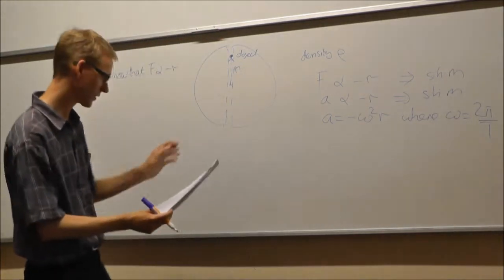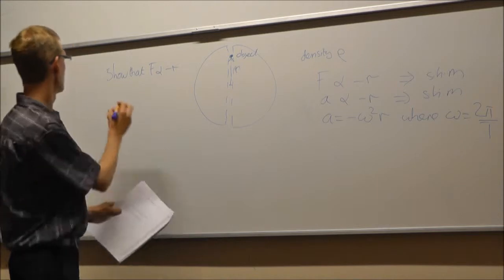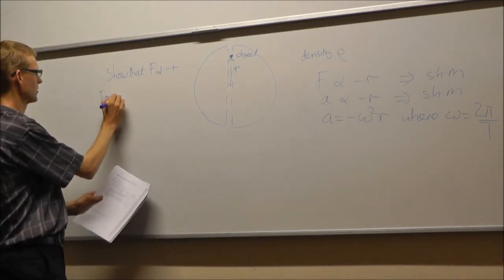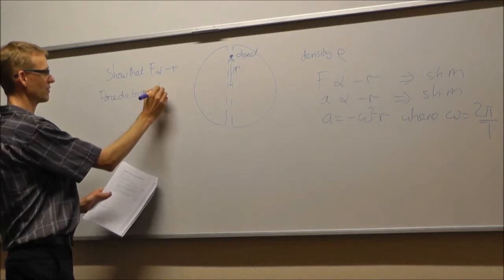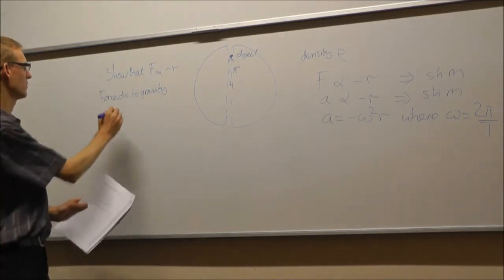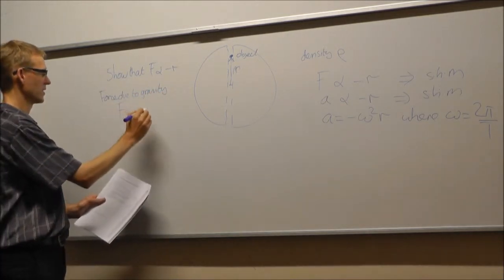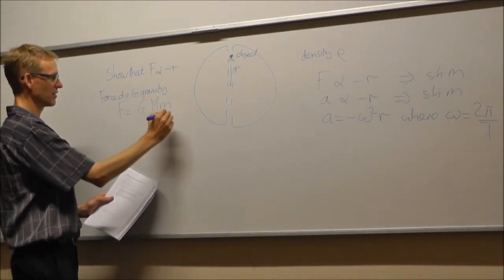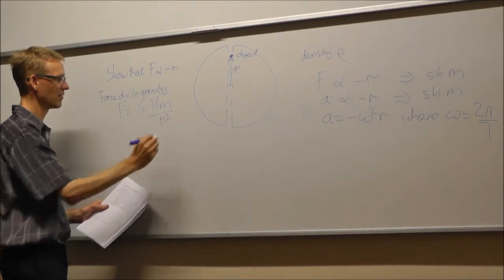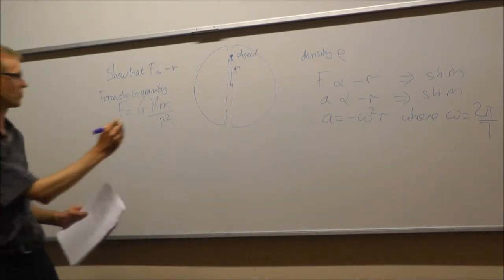Okay, so force due to gravity: we know from Newton's law of gravitation that force on an object equals that constant G times our two masses over r squared, and it's attractive.